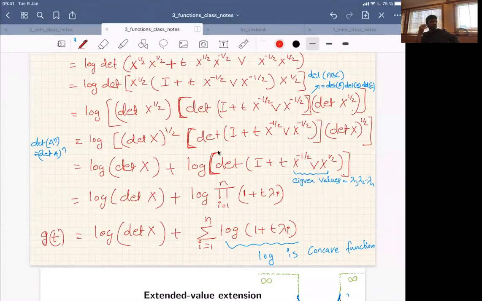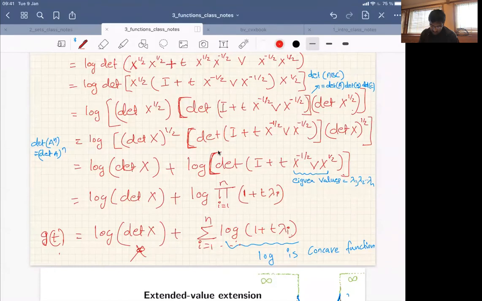Now this is very easy. I just have to see whether g of t is convex or not, in which variable? In t, because g is a function of t. It's concave, because we have a log here, which is concave, and then a sum of such functions, and this guy is of no importance here, because we are checking whether the function is convex or concave in t.